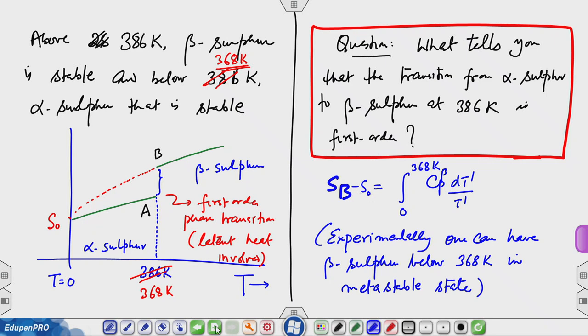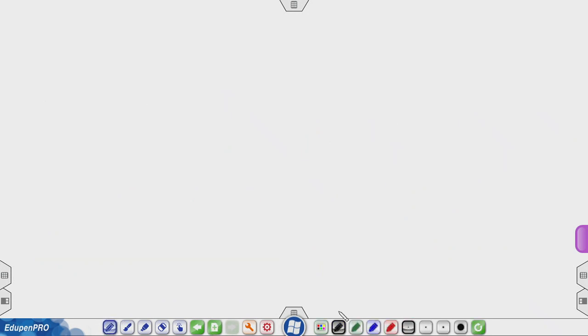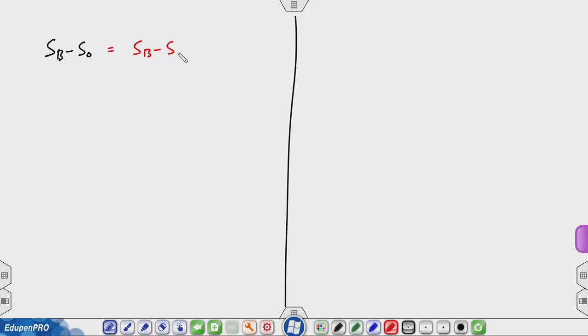The other way one can calculate SB minus S0: this will be equal to SB minus SA plus SA minus S0. So, what is one doing? I am looking at this graph.